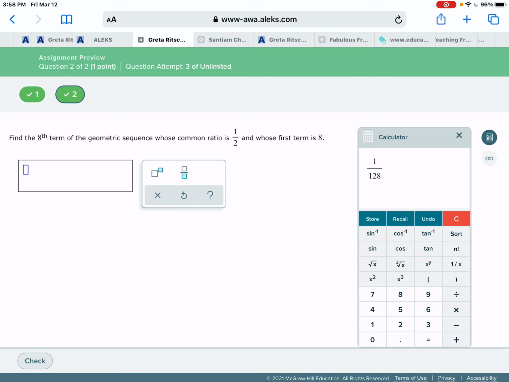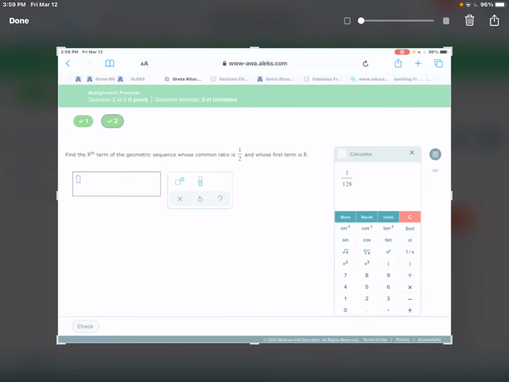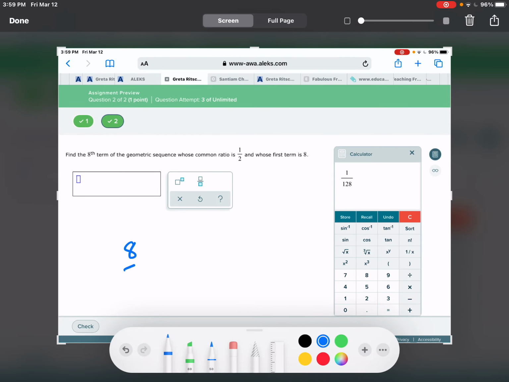And we're timesing that by 8. So actually we're just going to put an 8 on the top over 128. I'll just simplify that myself to make it nice.